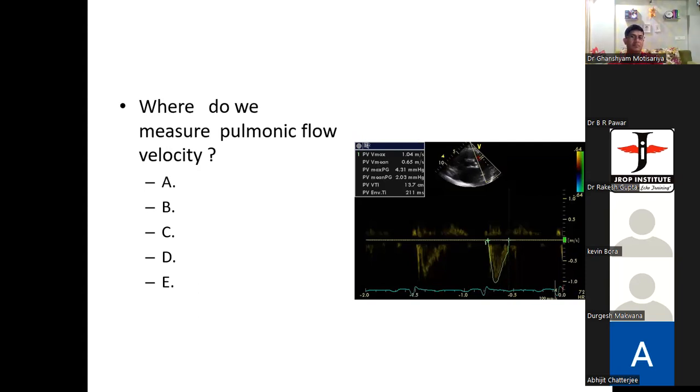Good. And we can measure at long axis, short axis, then at apical, then in RARV inflow. Where do we see the pulmonic valve? We don't see the pulmonic valve. I think only that's the view.